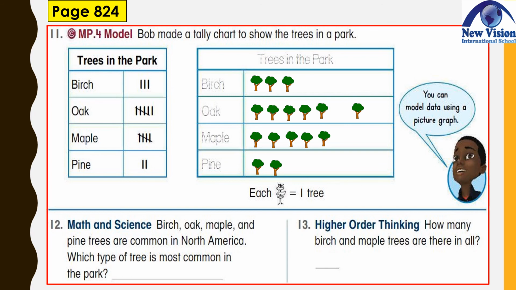So we have here the most common, oak trees. How many birch and maple trees are there in all? Birch trees we have 3, maple we have 5, so 3 plus 5 is equal to 8. So we have 8.